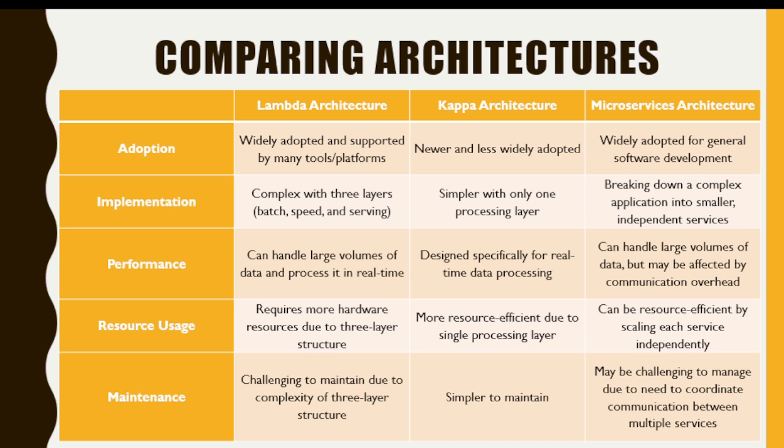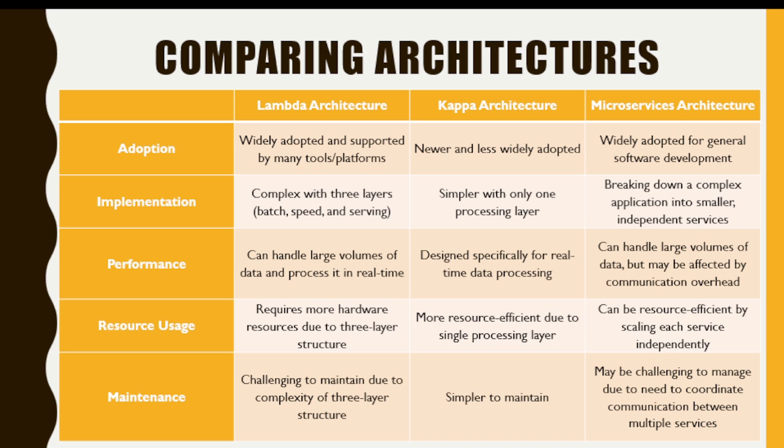In conclusion, Kappa, Lambda, and microservices architecture all have their strengths and weaknesses in the context of big data applications. Lambda architecture is widely adopted, but complex to maintain and implement, while Kappa architecture is newer but simpler and more focused on real-time data processing.